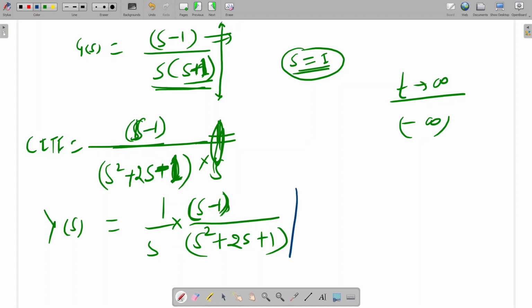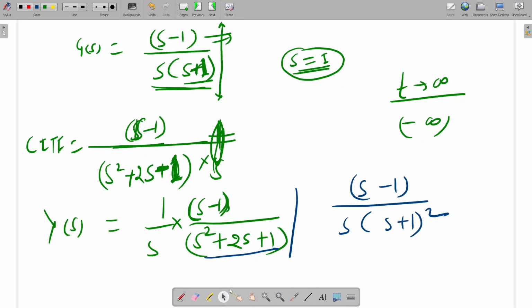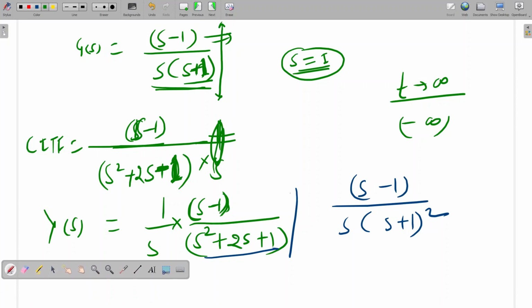If we convert it to the time domain, it's complex; we have to do factorization and all. Then it will be (s plus 1) whole square. So (s minus 1) divided by s into (s plus 1) whole square. Is it correct? Yes, sir. So this is Y(s). If we factorize in the time domain, we'll get e to the power minus t terms, and when this kind of factor comes, minus e to the power plus t.